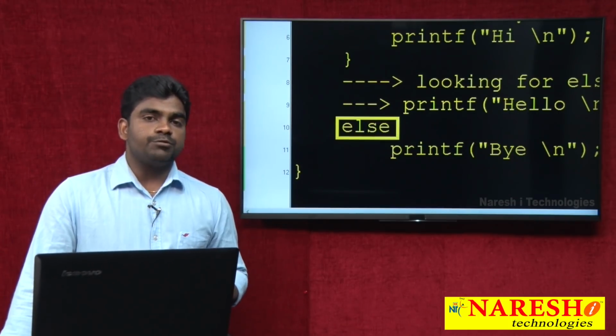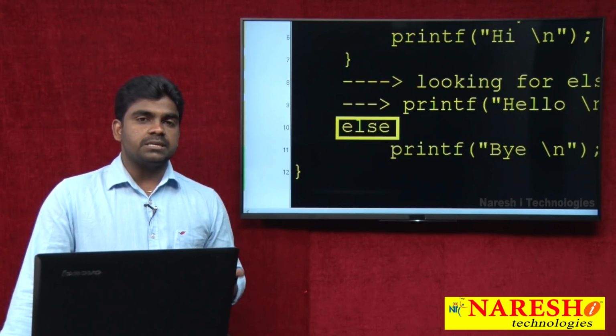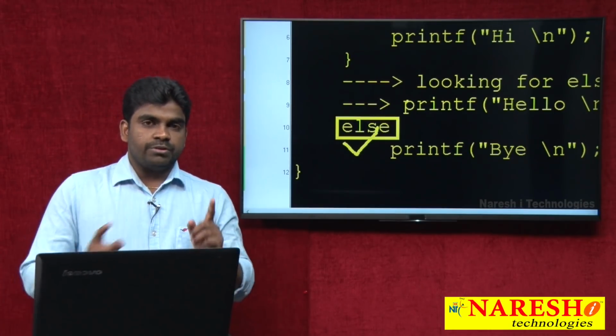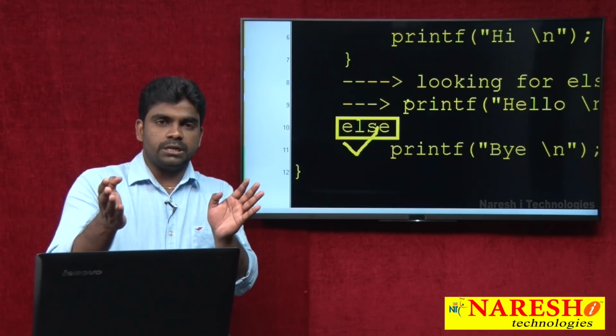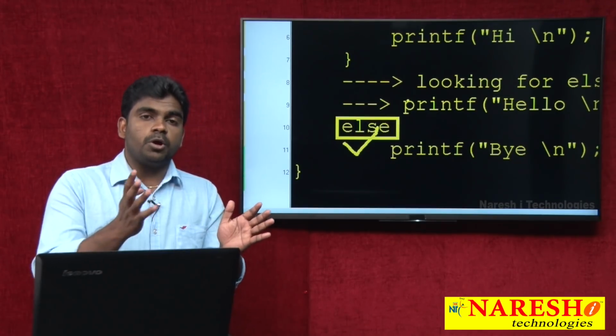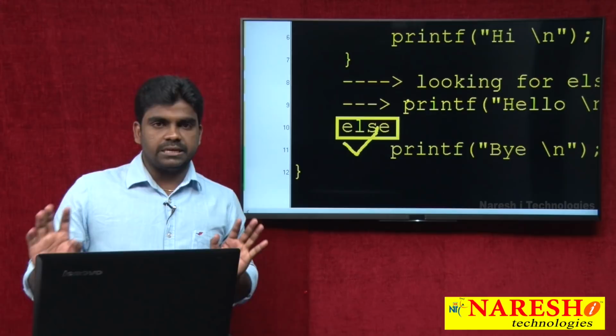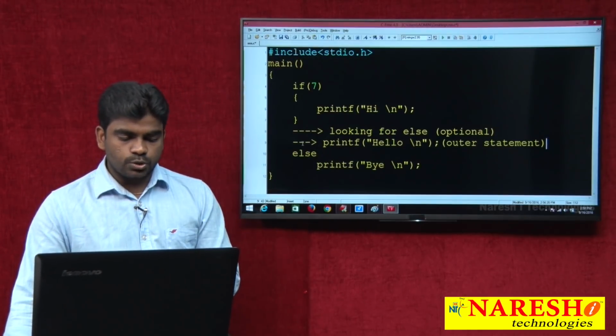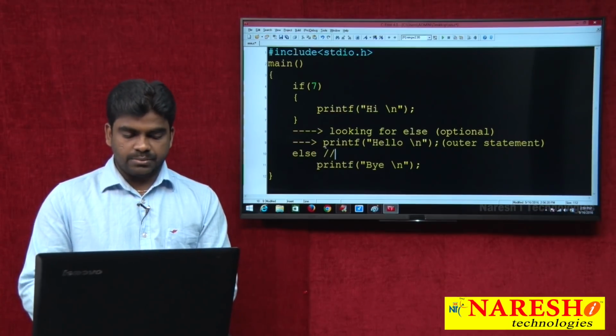Where is the if block? If block is missing. For an if block, the else block is optional, but for an else block, the if block is not optional, it is compulsory. But where is the if block? It is not there. So here it gives an error message.